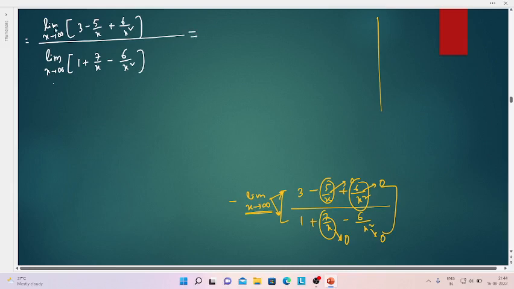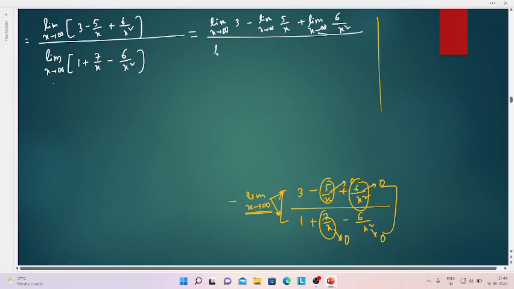Then we know that if a sum or subtraction of functions is given, then we can change the limits also, right? So that will become limit x tending to infinity 3 minus limit x tending to infinity 5 upon x plus limit x tending to infinity 6 upon x square, right?